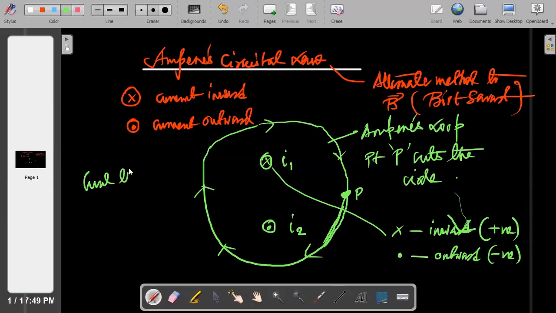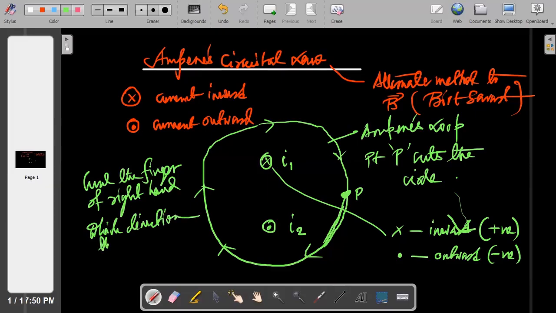So what you have to do: curl the fingers of the right hand, not the left hand. In which direction is the thumb pointing?